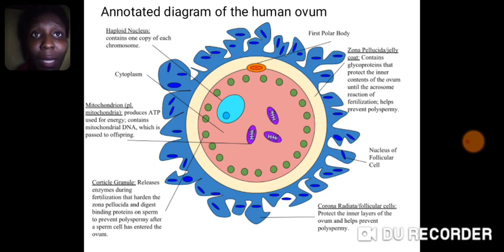And take note that the nucleus is haploid, 23 chromosomes, so that when it fuses with the haploid number of chromosomes found in the nucleus of the sperm, it will give you a viable zygote that can develop into a normal human being.